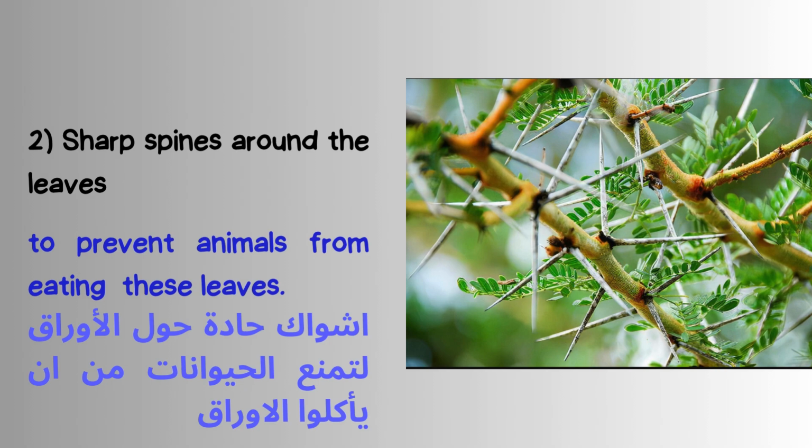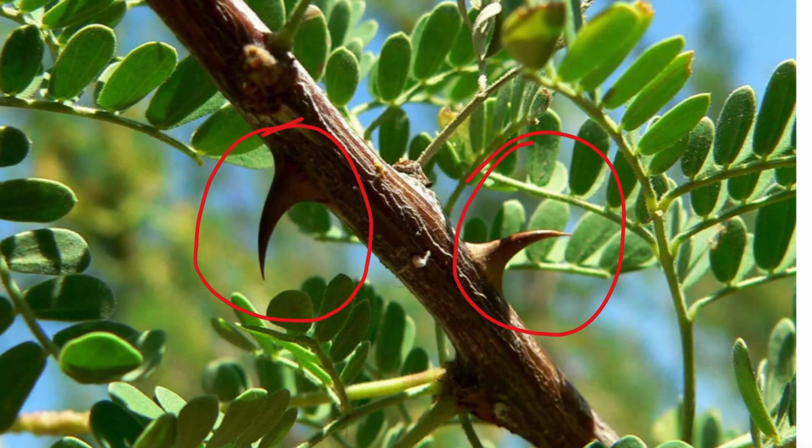The second point here, we have sharp spines around the leaves. And the reason here is to prevent animals from eating these leaves, okay? So animals can't eat these leaves because there are spines between and around these leaves. As you see here, these are the sharp spines around the tiny leaves of the acacia tree, okay?